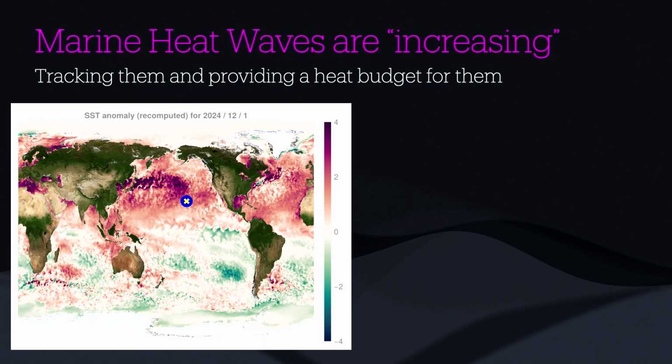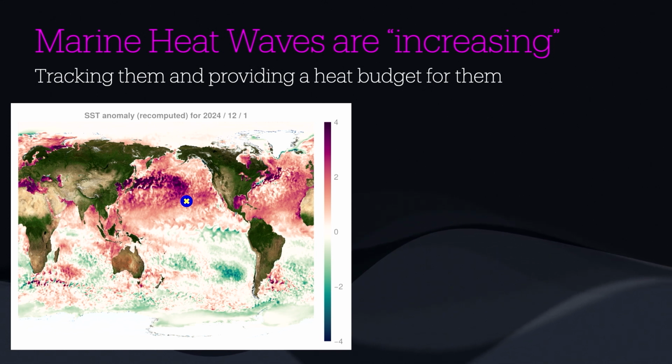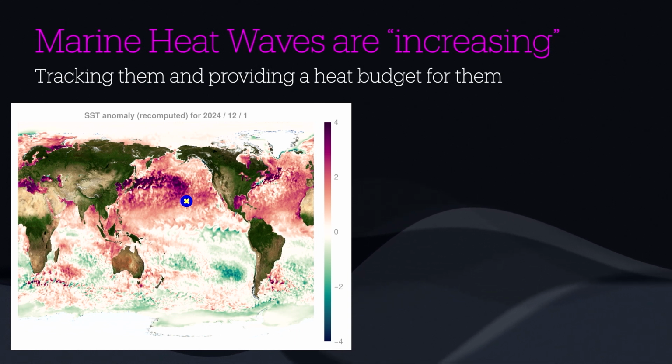Another very related problem that I'm working on with my group is marine heat waves. Marine heat waves are a slightly different view of this warming. You've heard over the past few years that we're finding more and more extremes. Or they're more intense, or more widespread, or more frequent. Some of that is a bit fudgy, so when you say increasing, there's some scientific discussion to have.